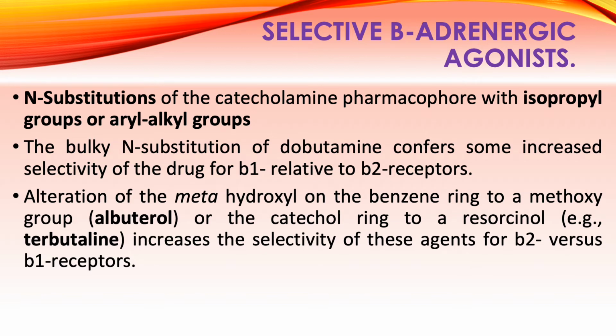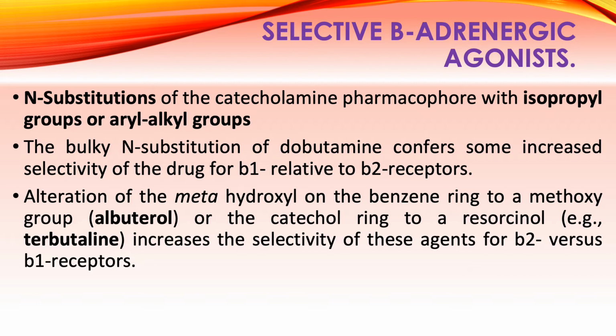Another example is the alteration of the hydroxyl on the benzene ring to a methoxy group. An example of this is albuterol. Another one, involving our catechol ring, is terbutaline. These two have increased selectivity with beta receptors.